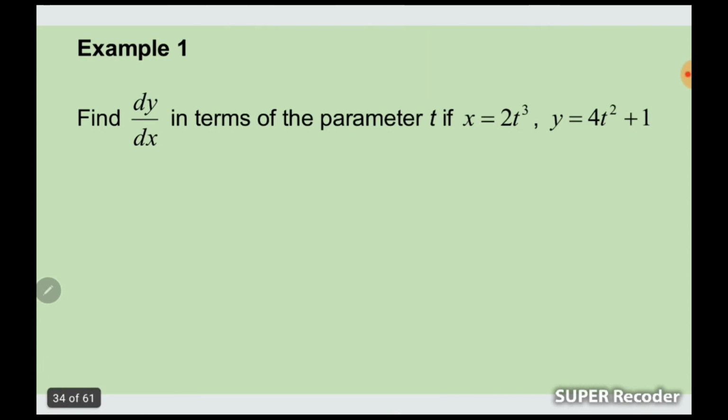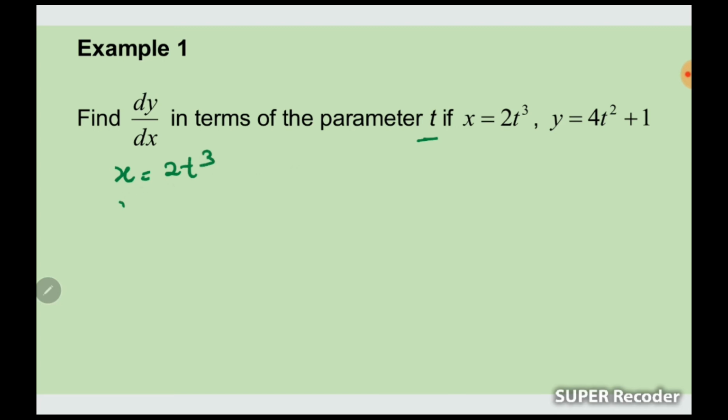Let's take a look at the first example. Find dy/dx in terms of the parameter t if x is given as 2t cubed and y is equal to 4t squared plus 1. To solve this, we write first what x is in terms of t: x equals 2t cubed.